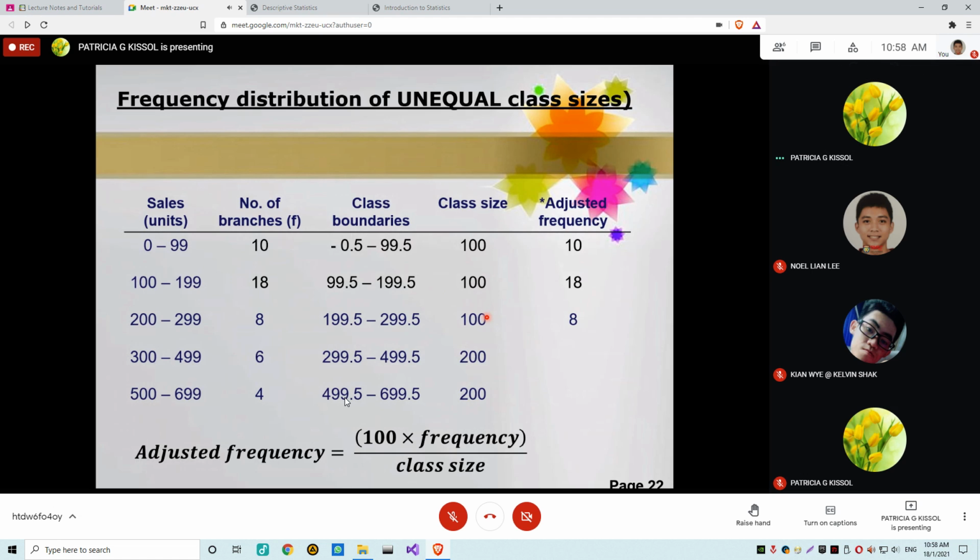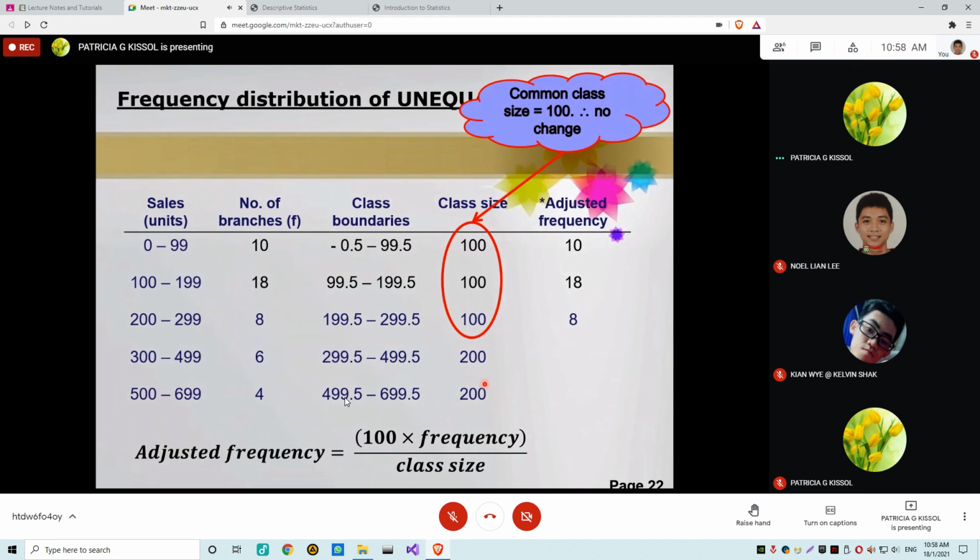But for the classes that are doubled, this is the common class size. What happened here is we multiply by 6 and by 4, whereby 100 times 6 divided by 200, and 100 times 4 divided by 200, and we get these values.